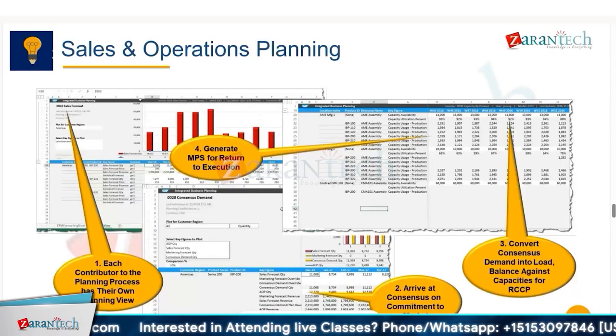Once this is finalized, step number 4 at a high level is the MPS generation, which is the master production schedule. The master production schedule is the master plan, which is normally frozen for a period of 1 month, or it can also vary based on the manufacturing footprint or the process.